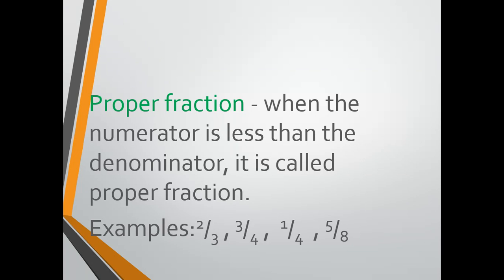Now, examples of proper fractions: 2 over 3, 3 over 4, 1 over 4, and 5 over 8. Can you see? The small number is up, the big number is under.